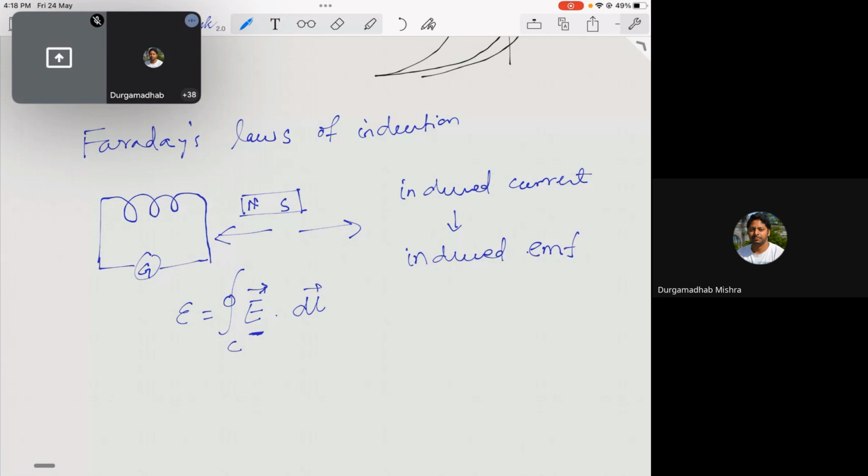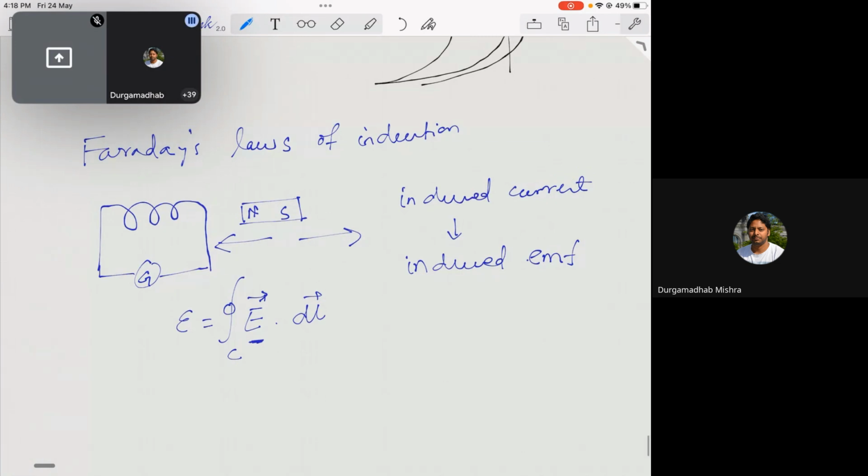There is a magnetic field associated with the magnet, which is changing, and that magnetic field produces an electric field, and that electric field drives your current or charged particles. This is a dynamic effect, and that is why it is known as the induced EMF or induced current.